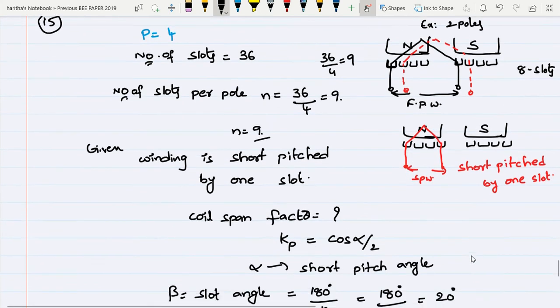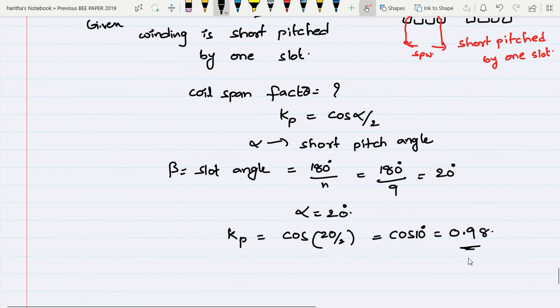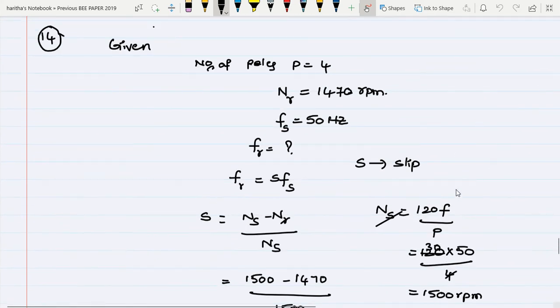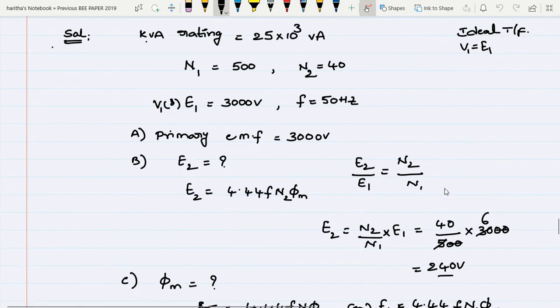I hope you understand. Practice the problems, otherwise you cannot do them. So with this the question paper is over, the 2019 regular question paper. Most of the questions in this are problems. In each and every question, one bit is a problem.